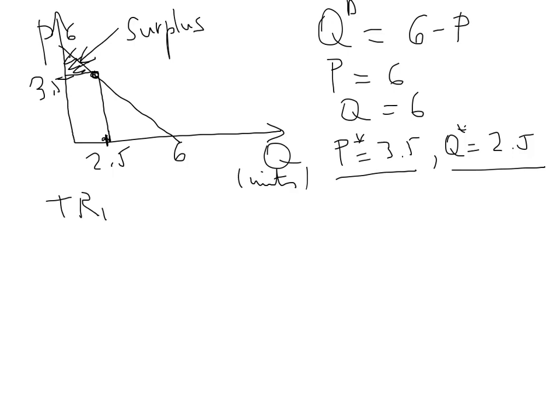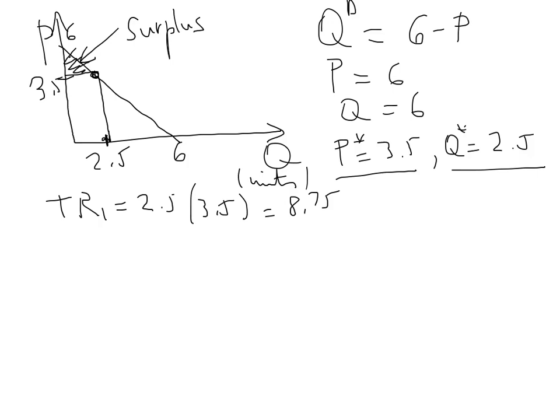Total revenue 1 was based on quantity times price: 2.5 quantity times 3.5 price. If you go back to the previous page, my total revenue 1 was $8.75. Now we are going to add from this consumer surplus.